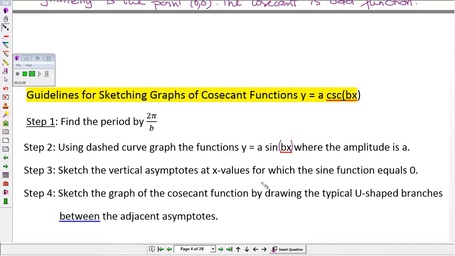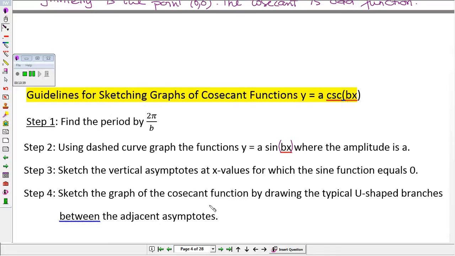After you graph the sine function, you go back and find the 3 x-intercepts of the sine function. Then you draw a vertical line at each one of those 3 x-intercepts. These are the vertical asymptotes.